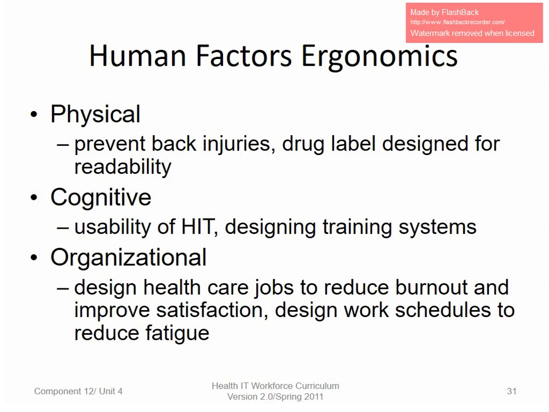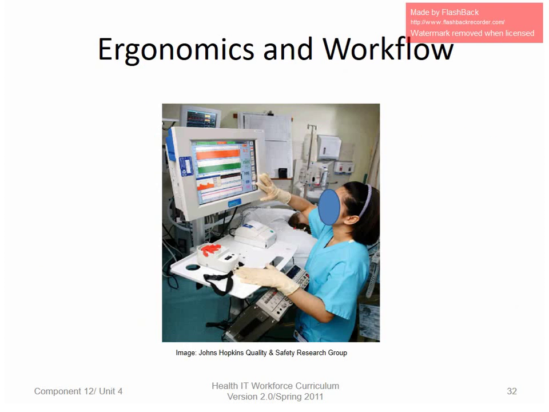Cognitive is the system itself and how you use it, and workflow and processes that follow the normal way of thinking. And the organization is responsible for helping establish boundaries and guidelines as it relates to work hours and schedules.